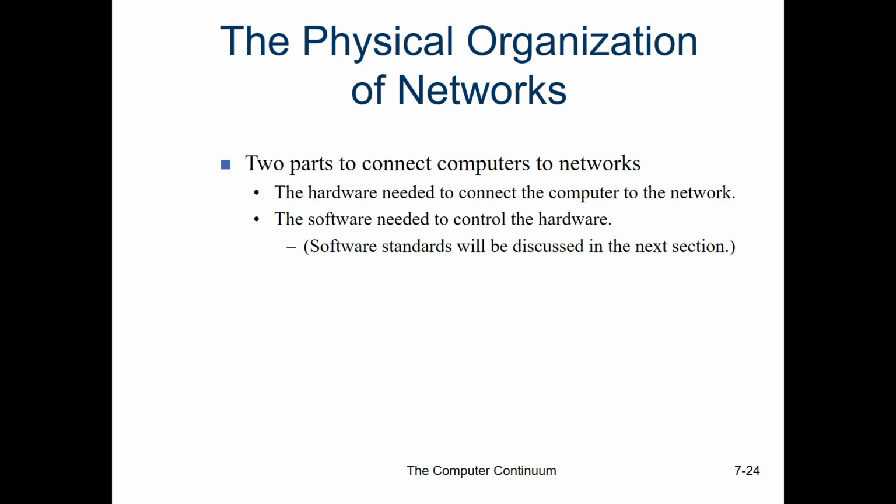So, two parts to connect computers to a network. There are two things which need to be there in order to make communication between two computers possible. One is hardware. Hardware is needed to connect the computer to the network. You need particular hardware in order for your computer to communicate with others. And there is also a need for software which will control the hardware to make it possible.